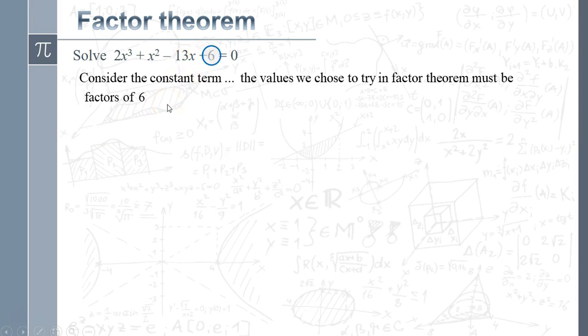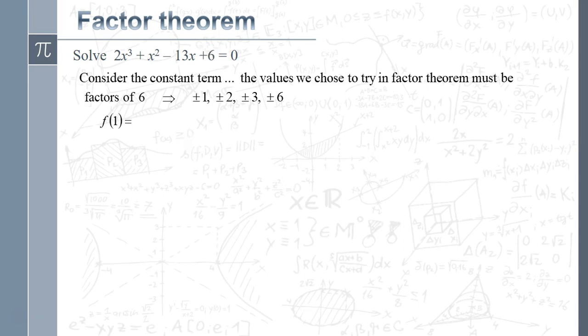work, in the same way that when you started factoring quadratics it was the two numbers on the end that multiplied to make the term and then added to make the one in the middle. It's the multiply to get the ones on the end we're interested in here. So what that means is we're going to try those values into our factor theorem, ±1, ±2, ±3, or ±6. They're the only things that are going to be able to work here.